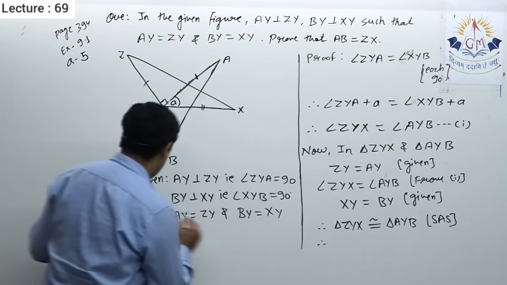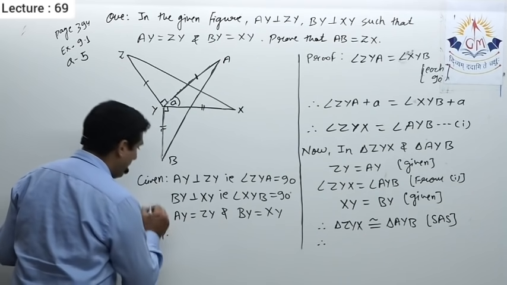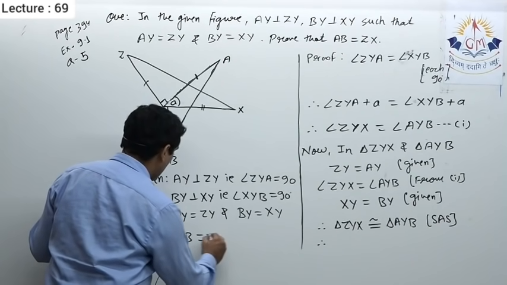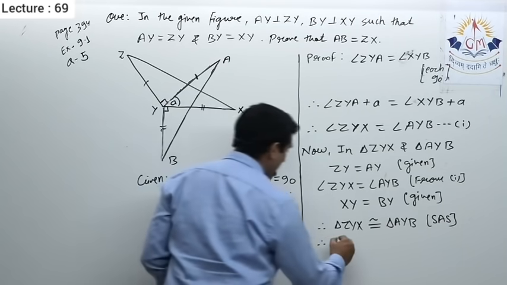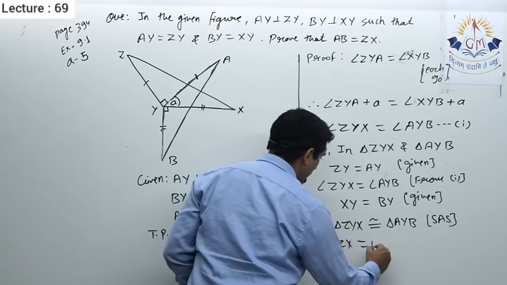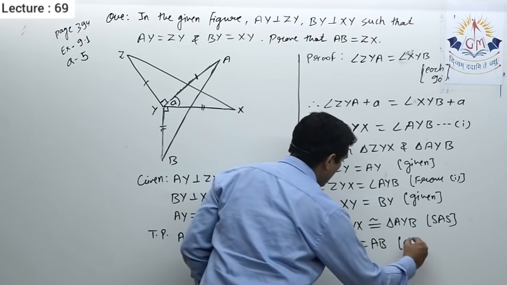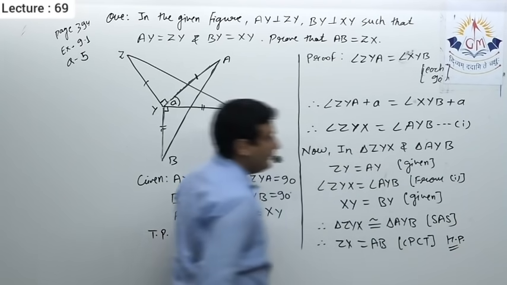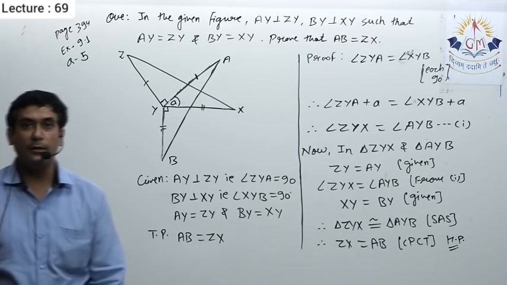Here I missed one thing: what I have to prove is AB equal to ZX. So here I can say ZX is equal to AB. Reason: by CPCT. Hence proved. So please note it down, then we'll see the next question.